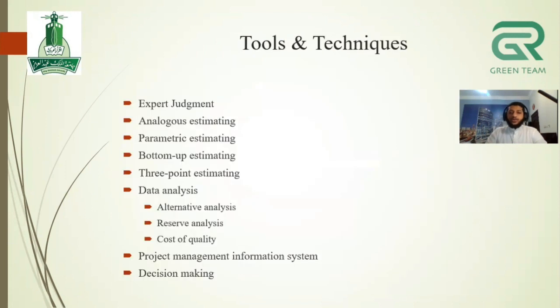So what are the tools and techniques to use to estimate the cost? There are several tools and techniques. First one, expert judgment, and this means you need to ask an expert to estimate how much your project will cost.